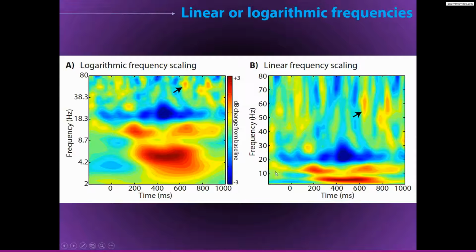If you show this entire map here on the right, and then try to explain to people that they should really only pay attention to this little tiny sliver all the way at the bottom, people are going to get very distracted, and you would look at this and say, well, what about all this stuff? This seems to be all the interesting stuff, and then this is just this tiny little thing down here. But if you show it on a logarithmic scale, then this lower frequency activity is much more prominent.